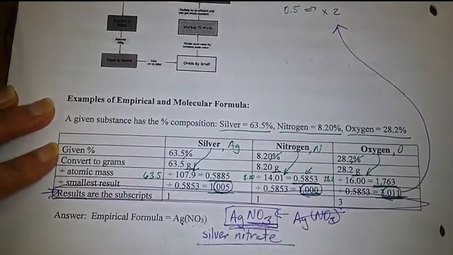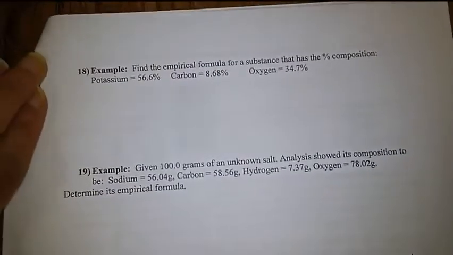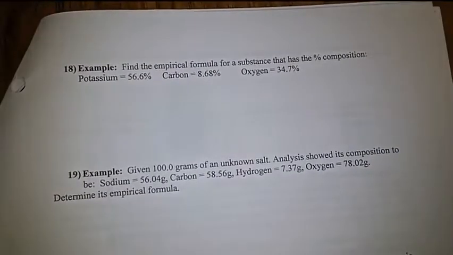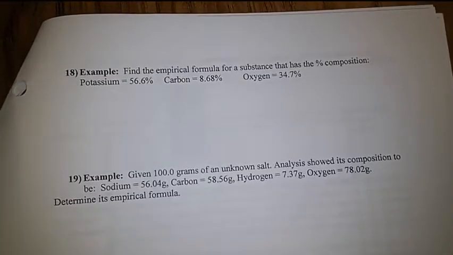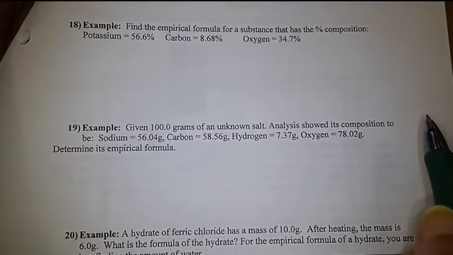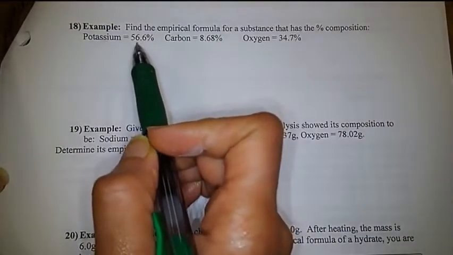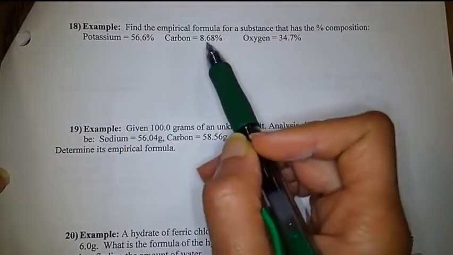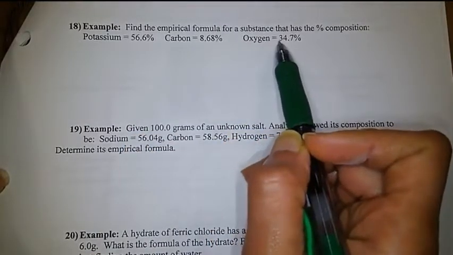That's what it makes. So moving on to our next page, let's do example number 18. It says, find the empirical formula for a substance that has percent composition of potassium, 56.6%, carbon, 8.68%, and oxygen, 34.7%.